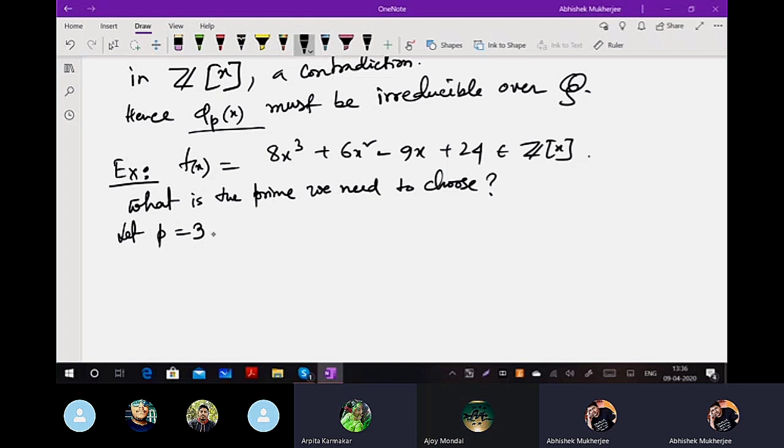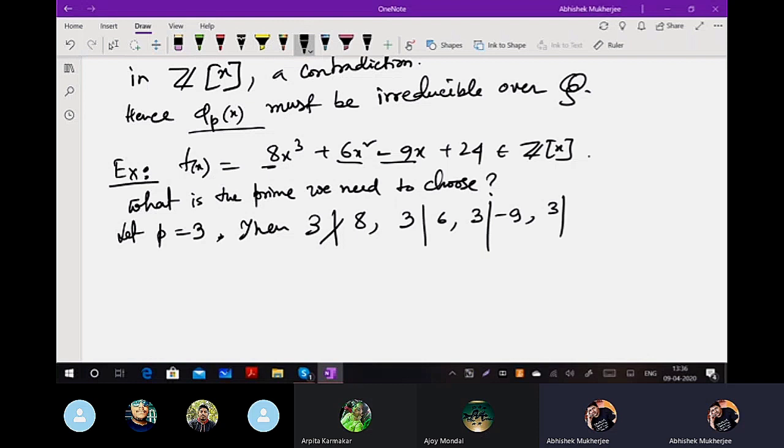So if we consider p equal to 3, then 3 does not divide 8, but 3 will divide 6, 3 will divide minus 9, and 3 will divide 24. But 3 square equals 9, which will not divide this constant coefficient.